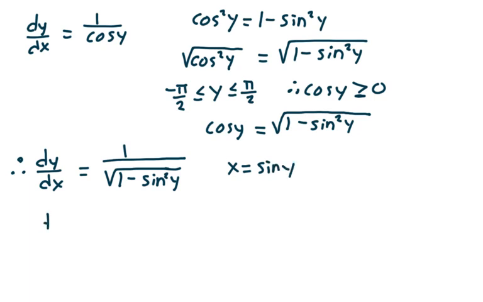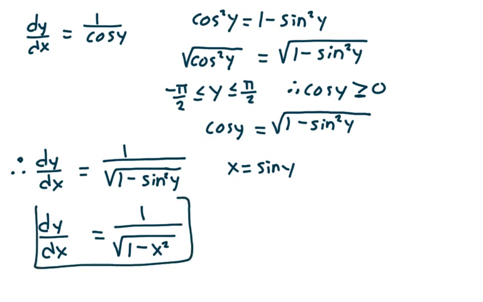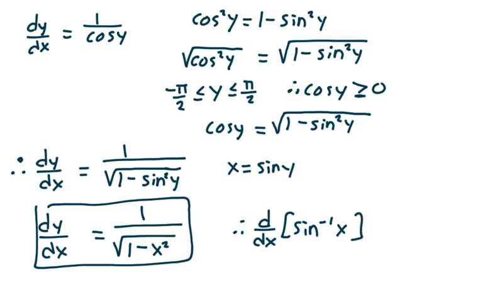And so dy dx is equal to 1 over the square root of 1 minus x squared. And so therefore, the derivative of arc sine x with respect to x is 1 over the square root of 1 minus x squared.